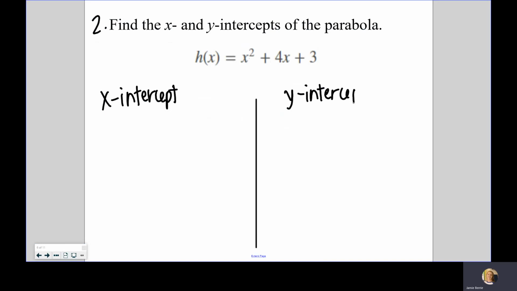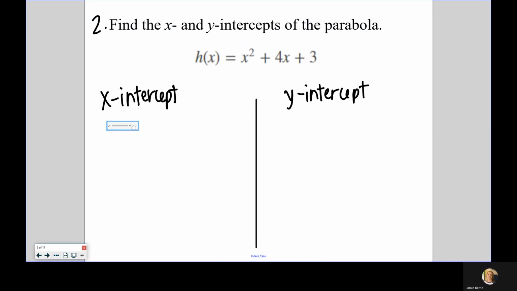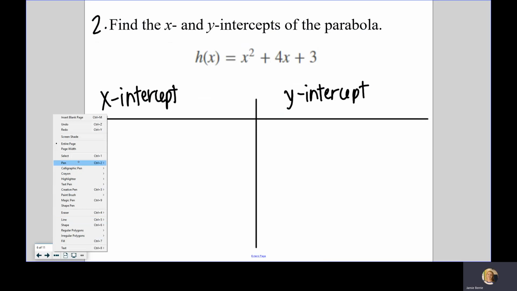Just keep those nice and neat. So kind of make like a little table just to keep this neat.